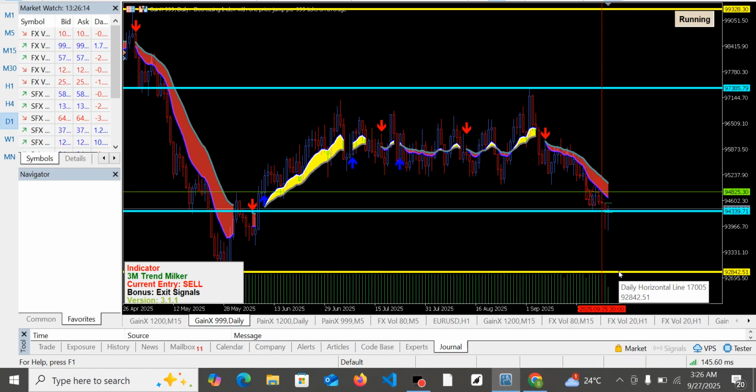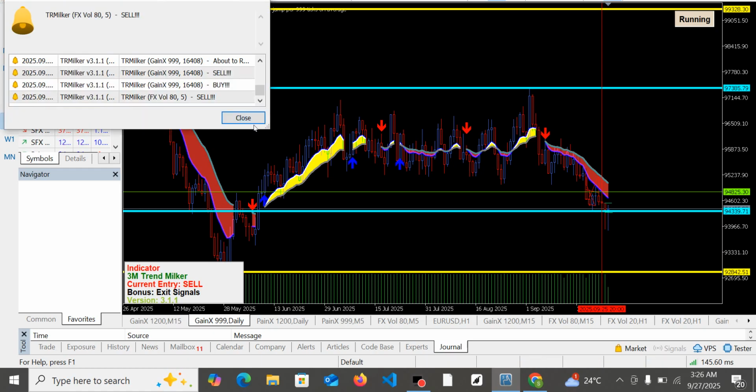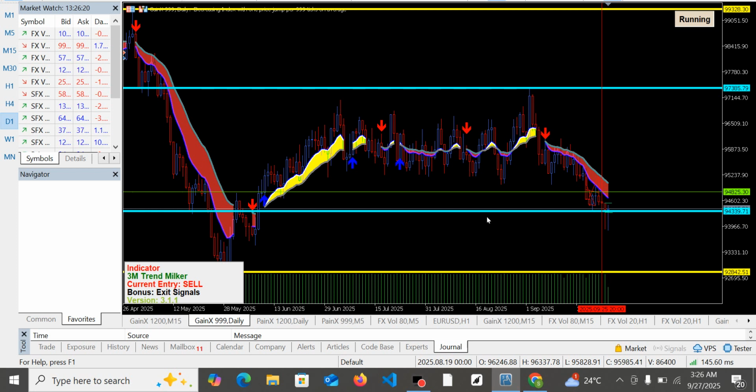You can see the day one support region and day one resistance zone, and the resistance and support zone for H4. This is when it broke out below it. But it closed the candle a little bit above the support region, and that is why it is still trying to see if it will go bullish.